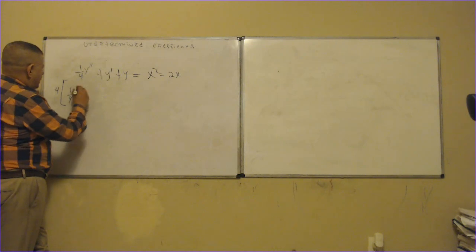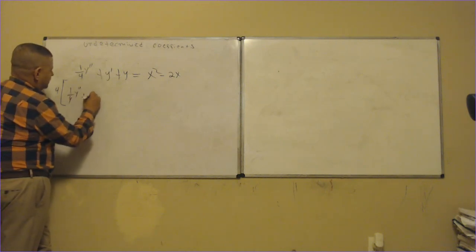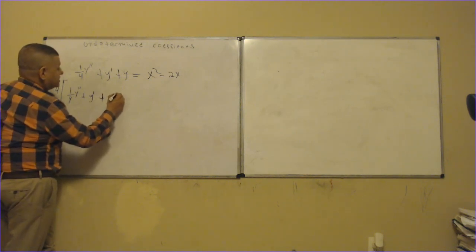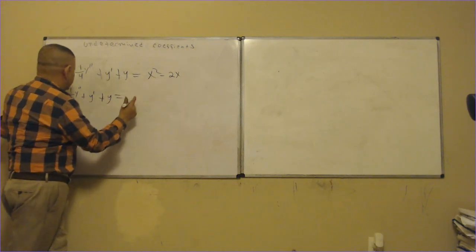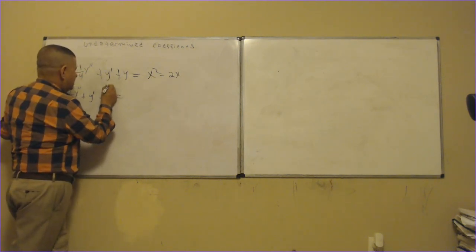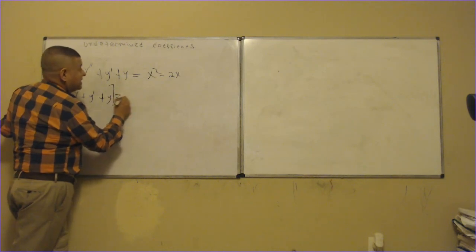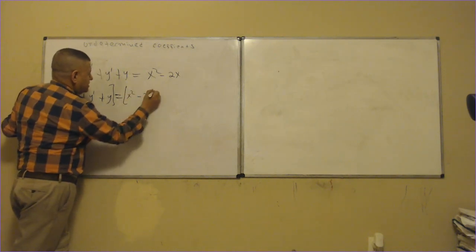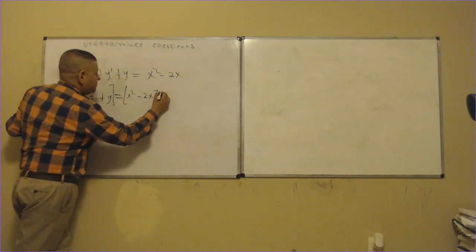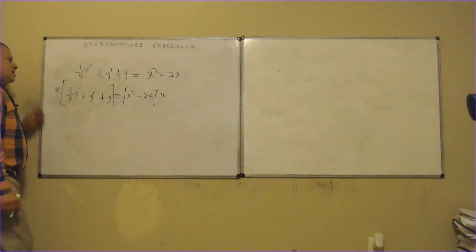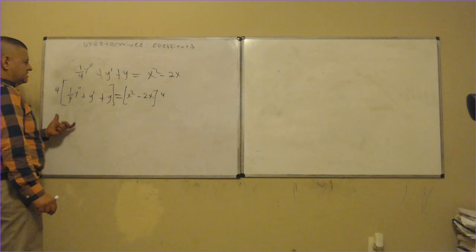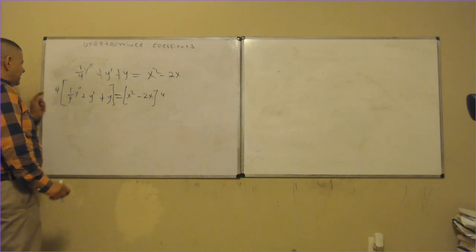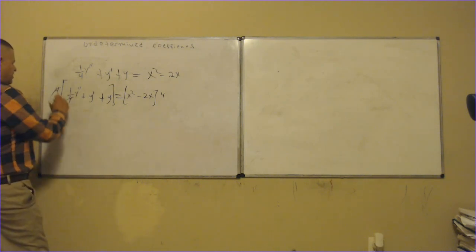So y double prime plus y prime plus y equal what? I have to multiply everything. I'm multiplying that, and then over here I multiply x squared minus 2x times 4. Notice that when we multiply, we get rid of this fraction.